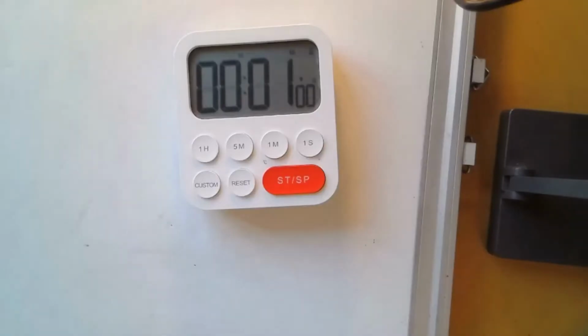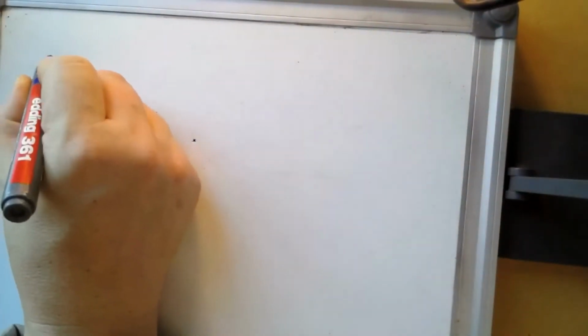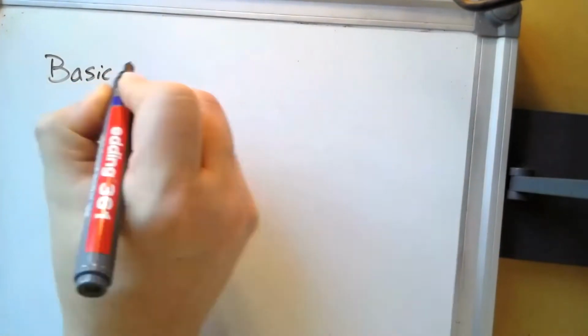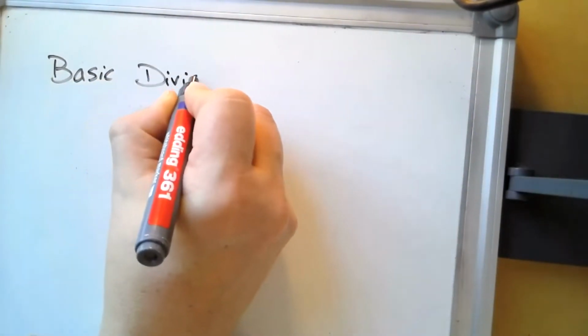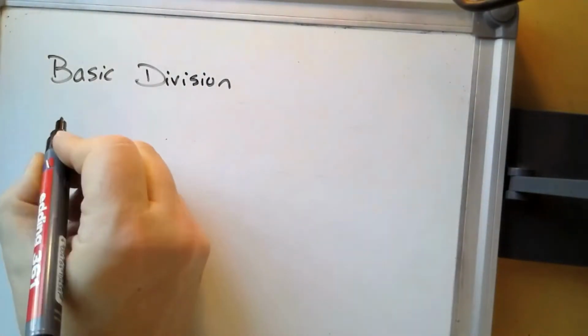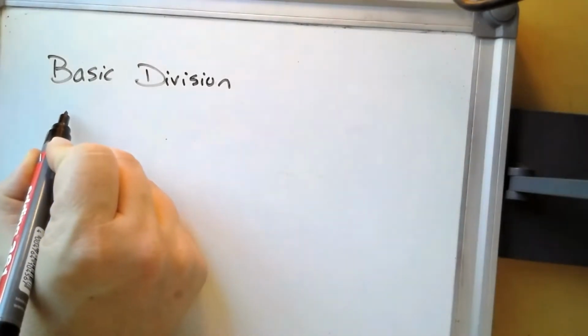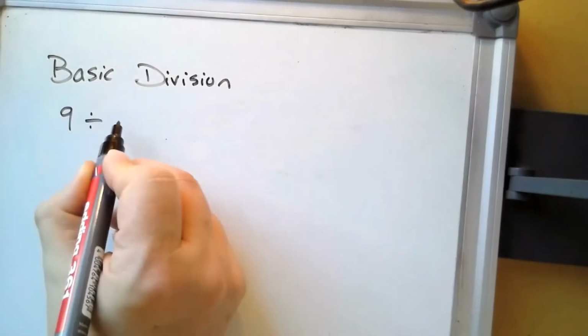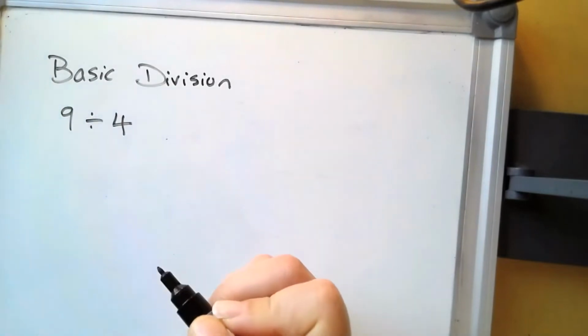Fabulous. So let me show you what division is about and the different ways that we can write division to start with. When we have division, we often write it as something like 9 divided by 4.